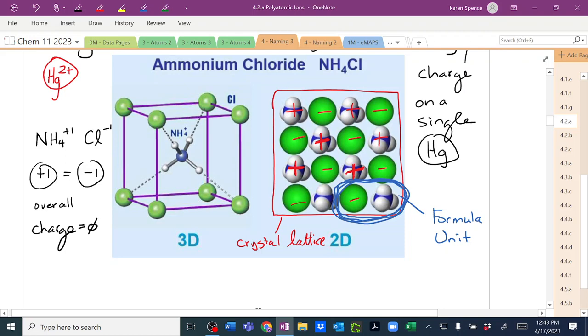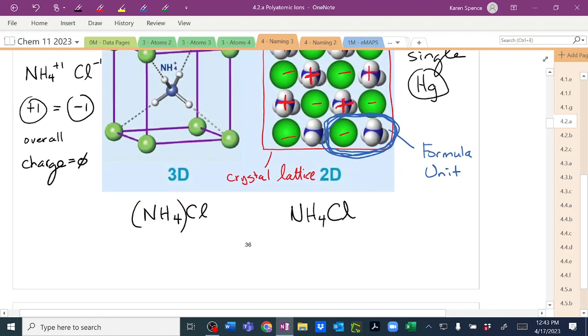Now I want you to notice something that is not present in the formula of ammonium chloride. Which of those two is correct?